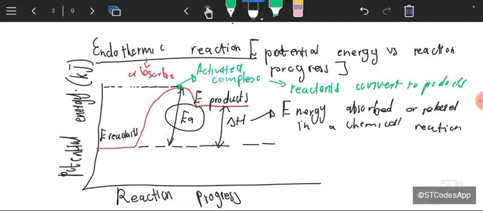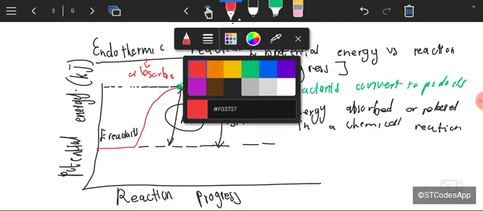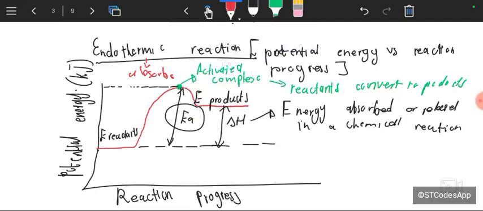transition. Because the activated complex, in some schools, a lot of people that I know, they call it the transitional complex. Why? Because it's where you transition from reactant to your product. So you must be able to see that.